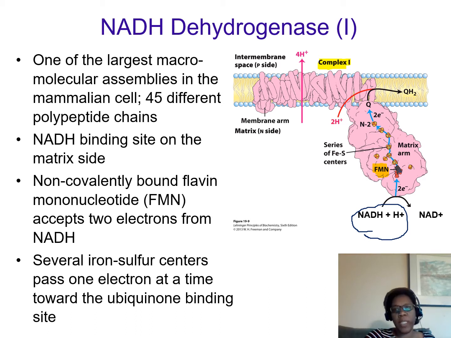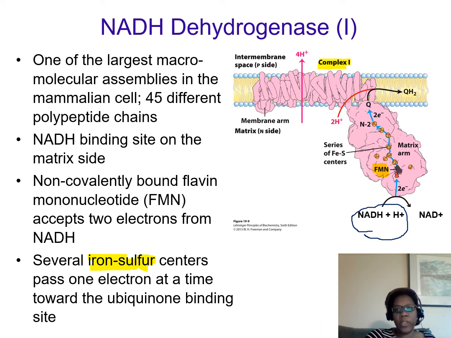Also in complex 1, there are a bunch of iron sulfur centers. We'll look at that in a minute, but there are several iron sulfur centers that can take 1 electron at a time. So these electrons are bouncing from NADH to FMN, then through these very complex iron sulfur centers, which are all taking electrons.